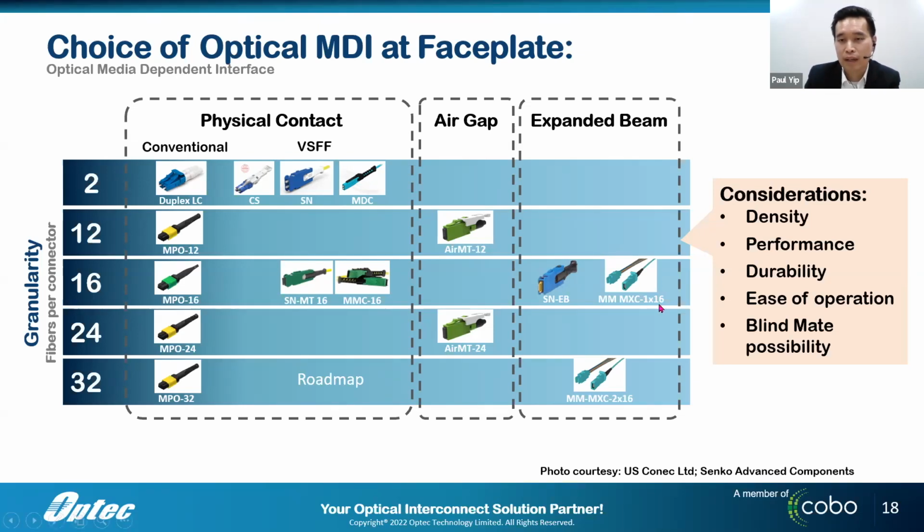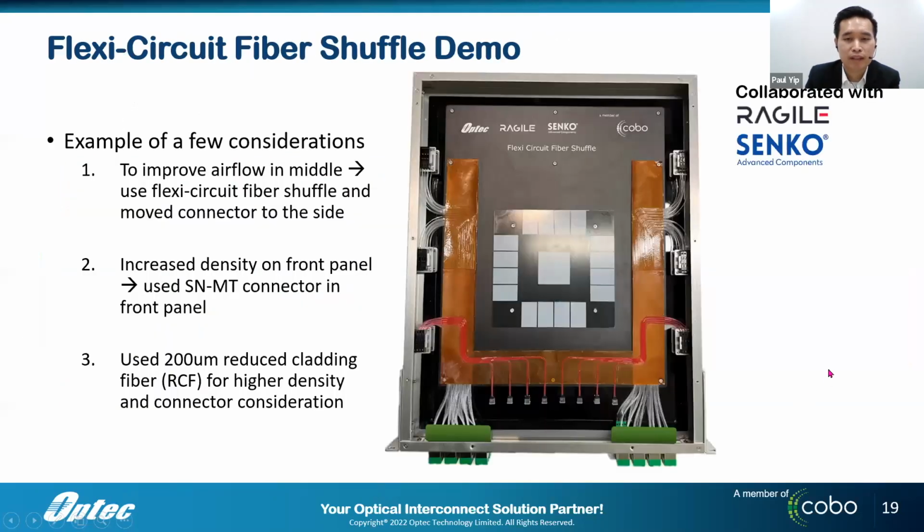It's open, and for some scenarios we can use the blind mate as well to make our design better and a little easier for operations. We can also do this in the shuffle.